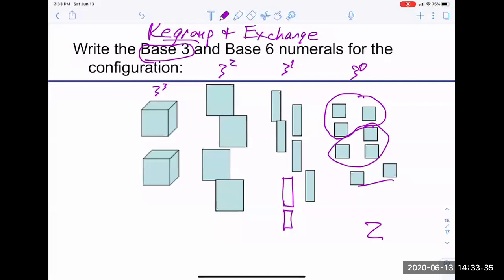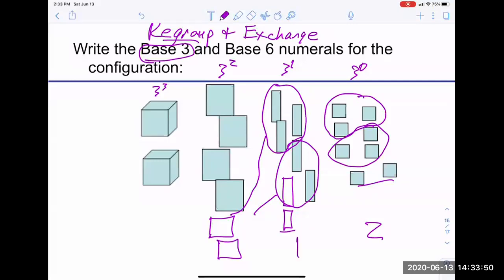I do the same thing here. When I get 3 of these all regroup to give me 1 in the 3 squareds. Looks like I have another one. And I have 1 remaining, so I'll write a 1 down there. Do it again. Here's a group of 3, goes over as cubes.